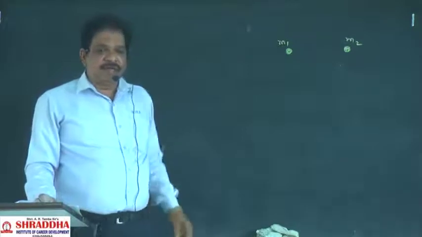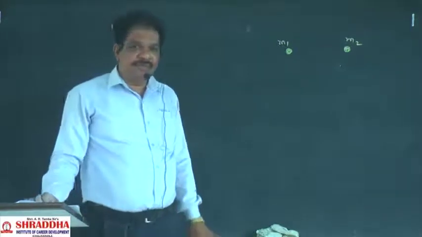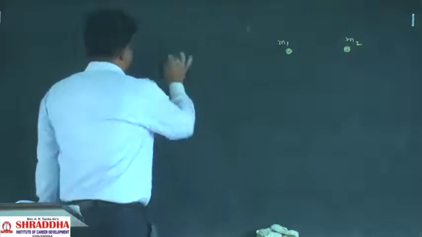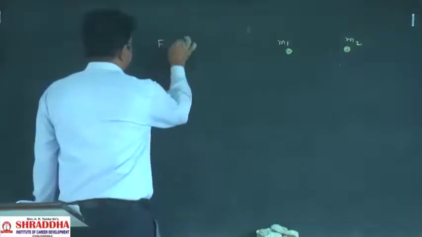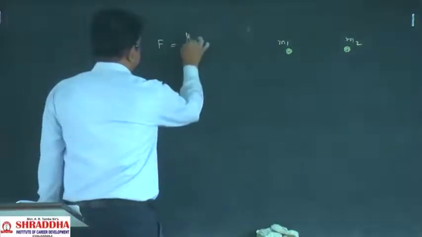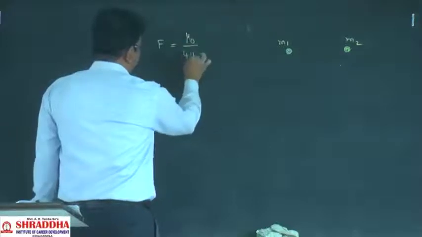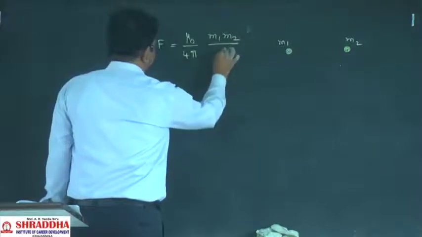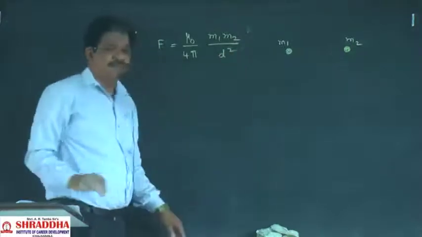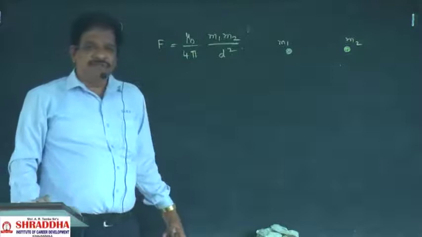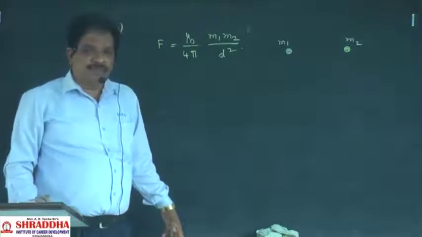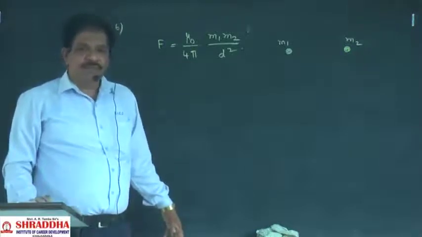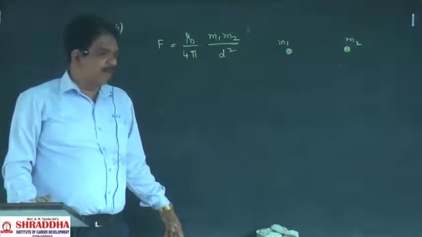The attractive or repulsive force between the two poles is directly proportional to product of their pole strengths, and inversely proportional to the square of the distance between them. From that, F is equal to mu naught by 4 pi m1 m2 by d square we will get.